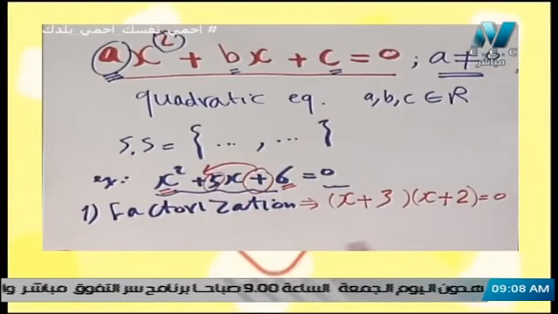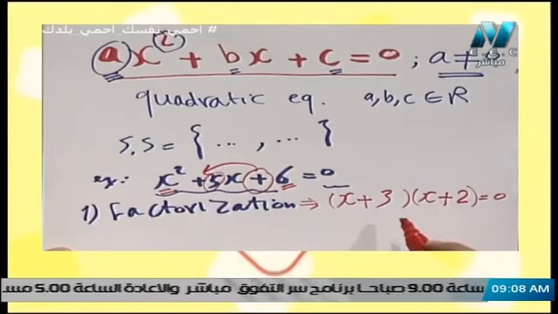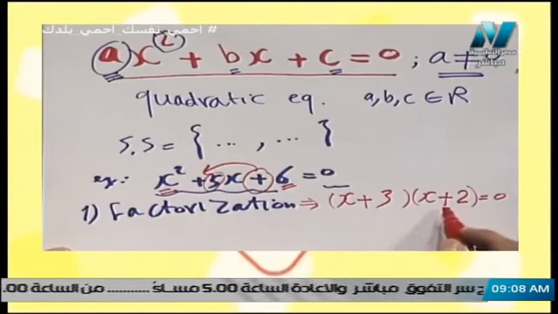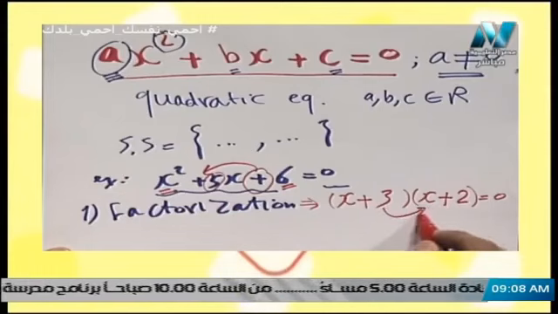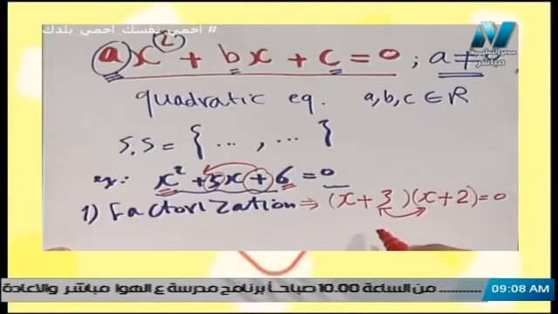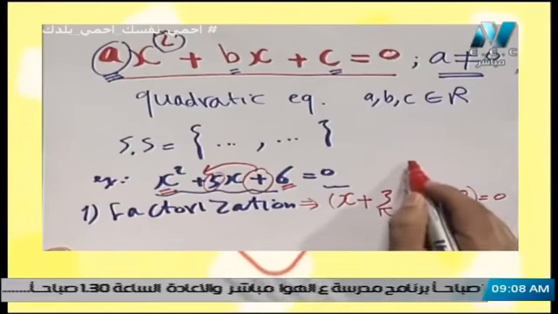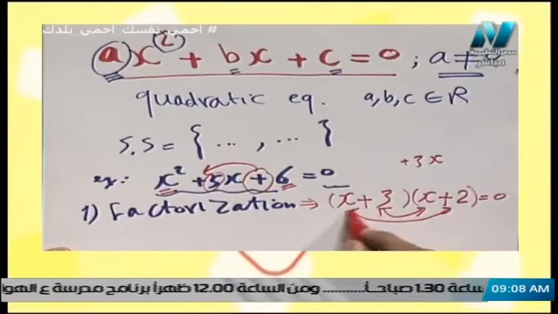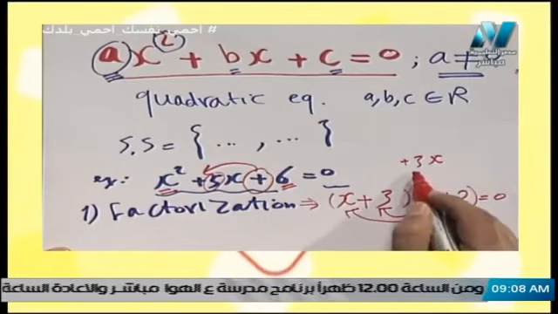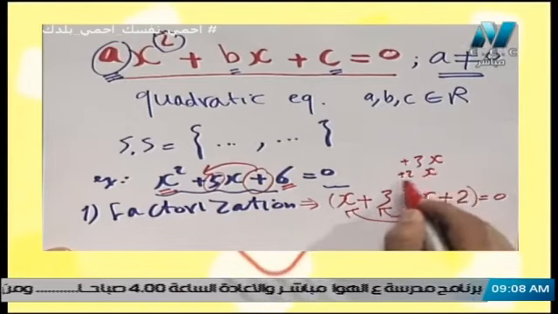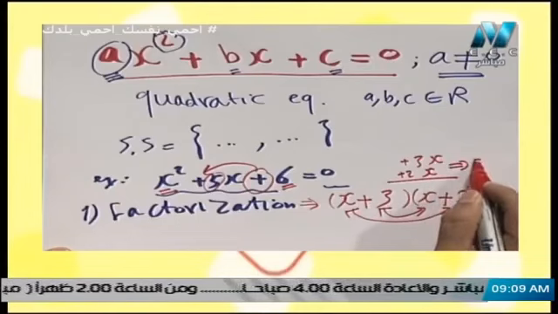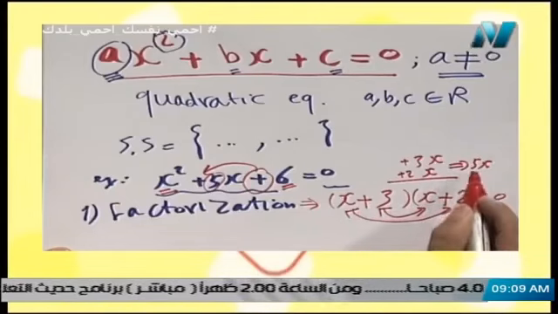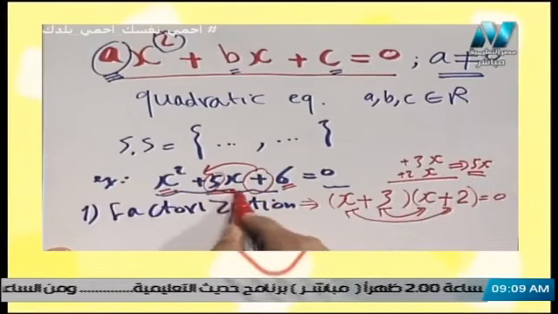Okay, we have to check if the factorization is right. We multiply the means by each other, it will be positive 3x, and the product of the extremes will be positive 2x. Their sum will be 5x, which is the middle term.